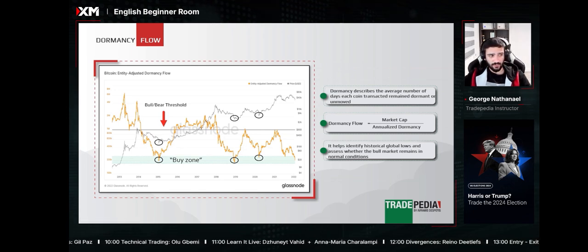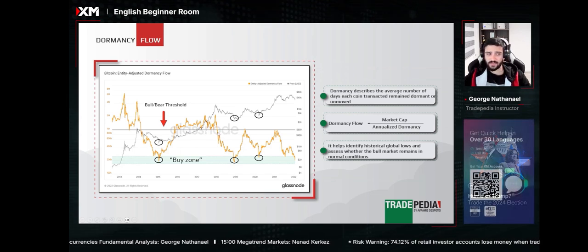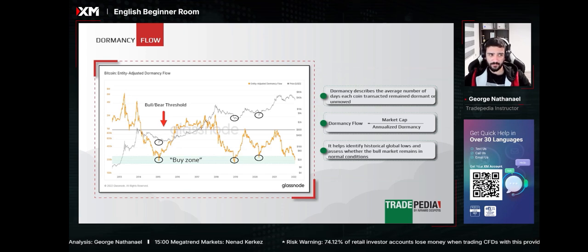So 2015 was a historical buy zone, the same as the previous metric, and at around over here, 2018, as you can see, the metric broke below this threshold. That is when we could take some profits out of the market and potentially look for selling opportunities.